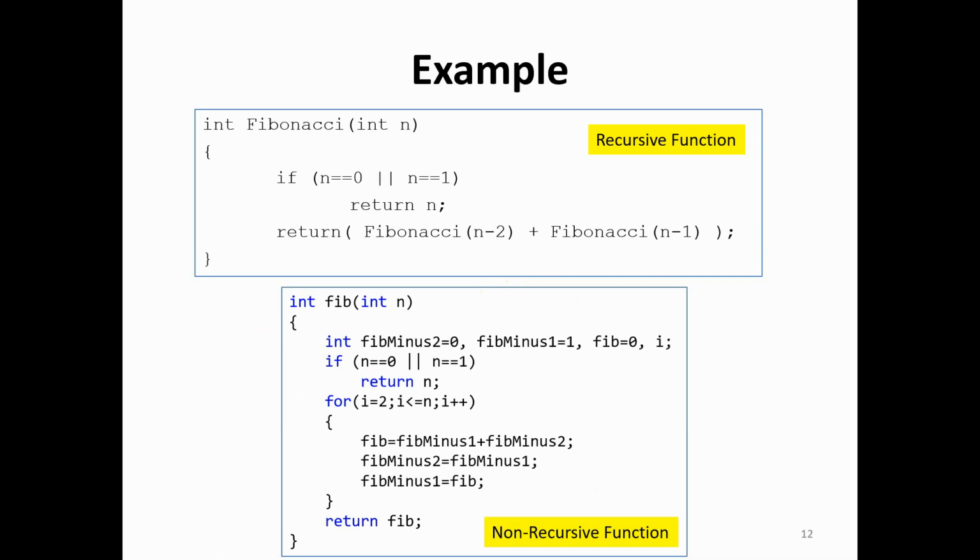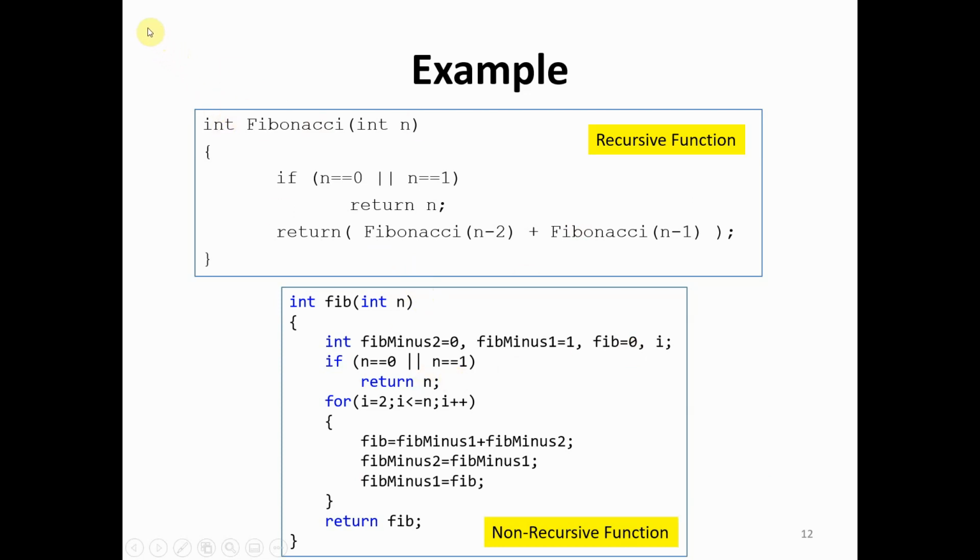Another famous example that can be done recursively is the Fibonacci series. If you're not familiar with the Fibonacci series, first of all, there are two implementations for it. These two examples show the implementation for one of them.